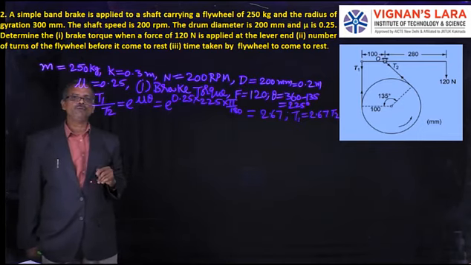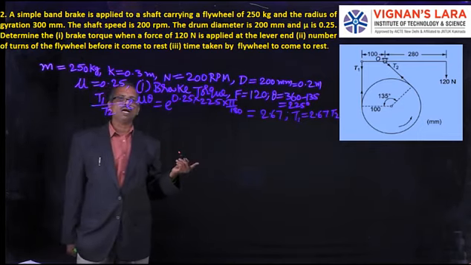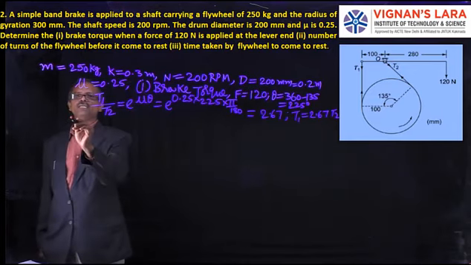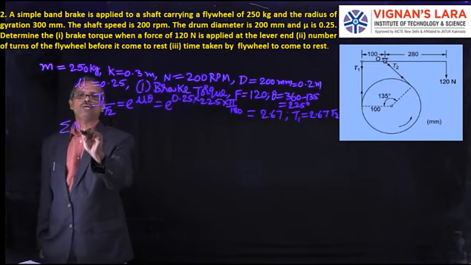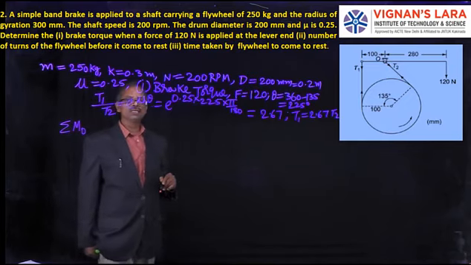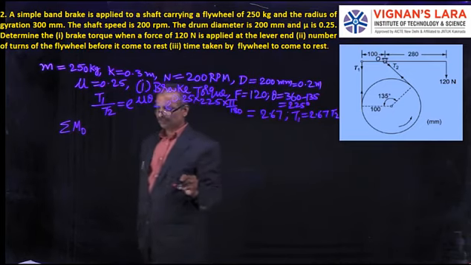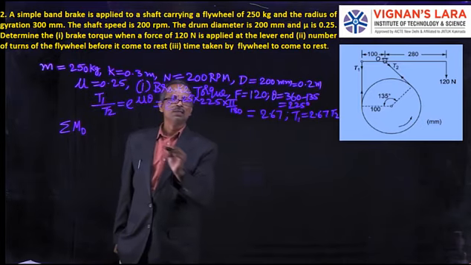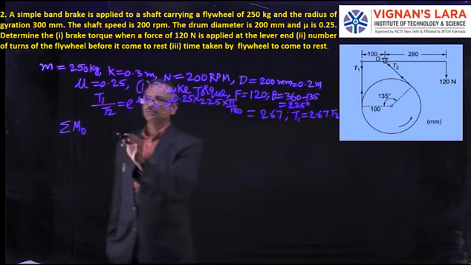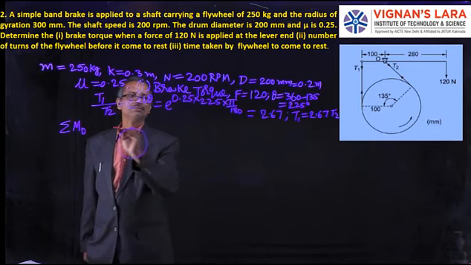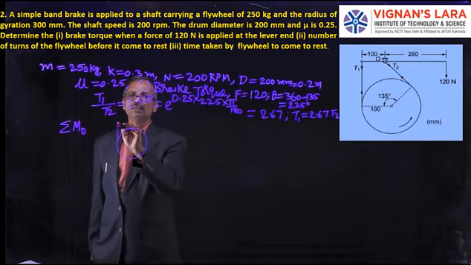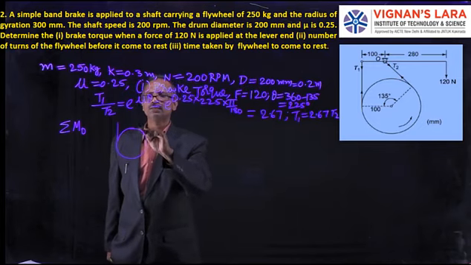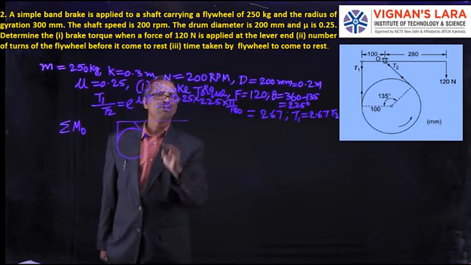Then, it is a simple band brake, so A or B is 0. Let me take B as 0 and take moments at the fulcrum point O. You can see here, this is the brake drum, which is circular, and one end is connected directly to the fulcrum point, and there is a lever.